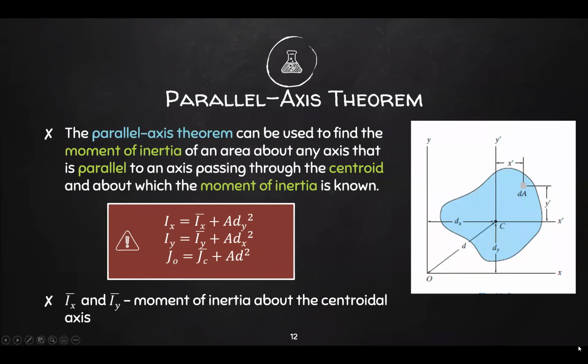So moment of inertia about the x-axis, your Ix, is just I x bar plus A dy squared, and then Iy is equal to I y bar plus A dx squared, and then J, which is your polar moment of inertia about your z-axis, or pole O, is equal to the polar moment of inertia about the centroidal axis plus A d squared. Okay. And then, once again, your I x bar and I y bar are moment of inertia about the centroidal axis.